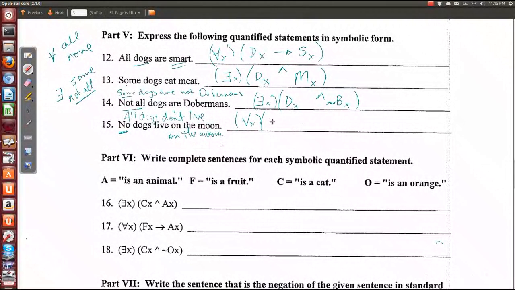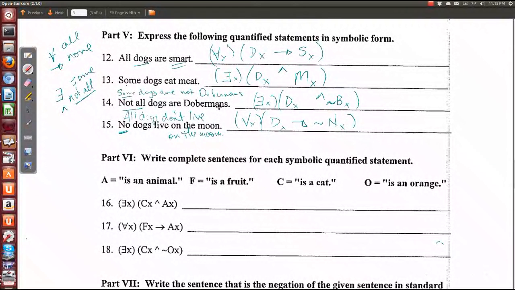They are a dog, DX. They just don't live on the moon. Negation, M X. So again, anytime I'm using a universal, I want to use a conditional. And anytime I'm using an existential, I want to use a conjunction between my two predicates.